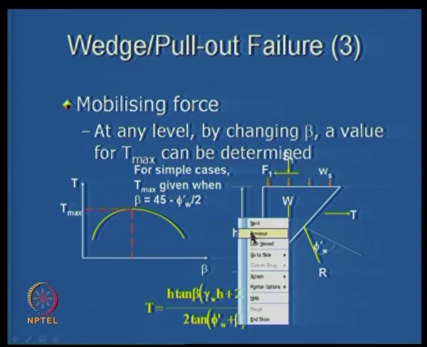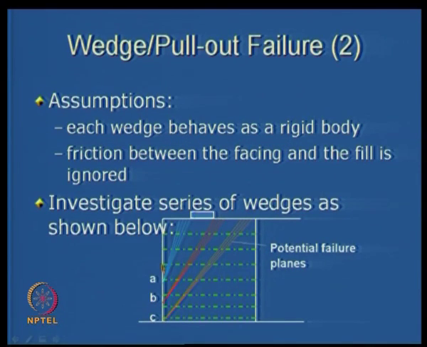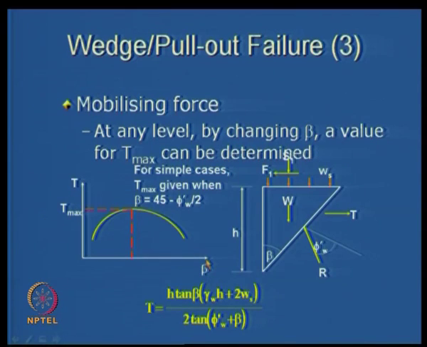Betas can vary, there are so many betas here. All those betas we investigate. It is a simple Excel program one can write to get all this information and then plot it.